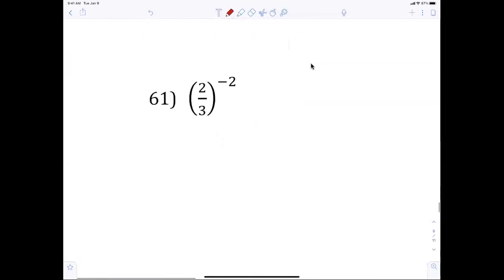All right, 61. Now for 61, what do we do because it has a negative exponent? Switch it, flip them. So it's 3 over 2 squared, which is 9 over 4. Anybody have any issues with that?